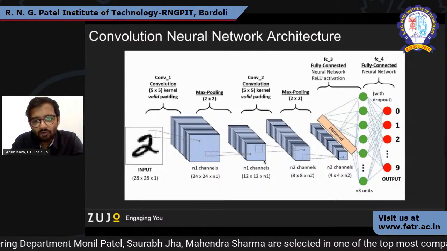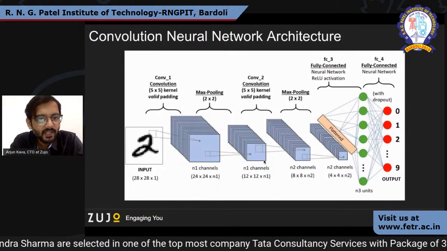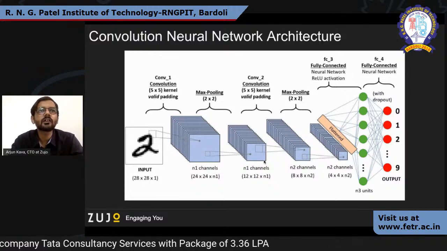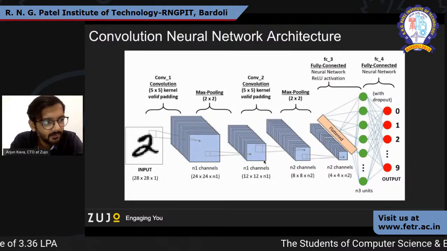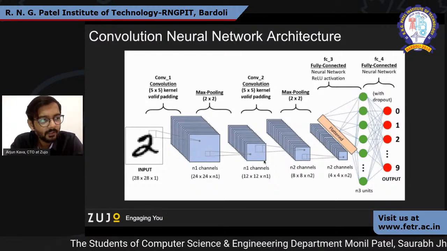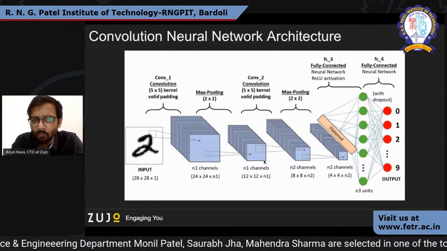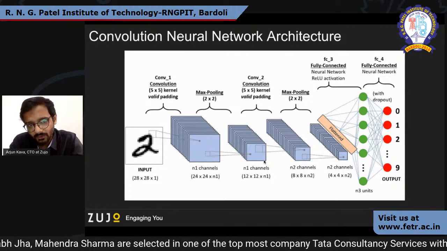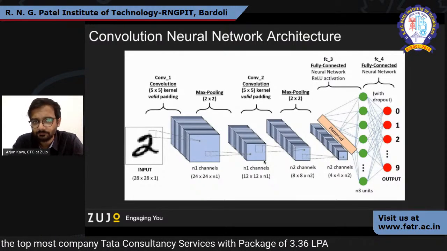And one more thing, as you can see, in between the two convolutions there is a max pooling, right? The max pooling is basically converting your high dimensional data into a stable version of that data. I'll explain more about max pooling in the next slides as well. I'm just giving you the basic architecture overview over here.